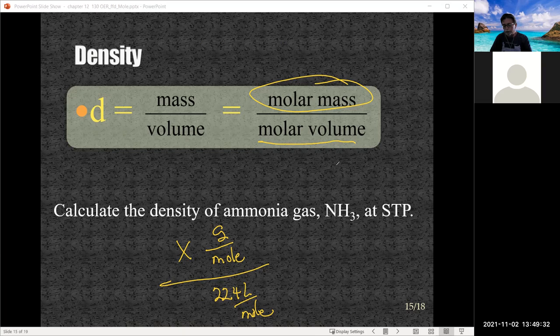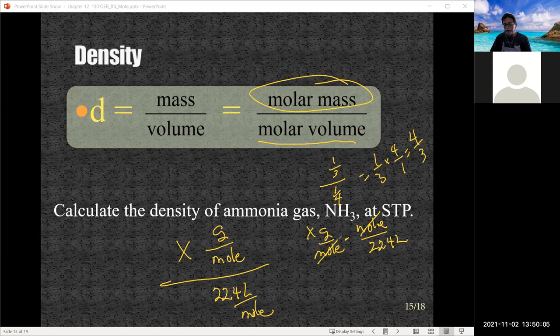For example, if I take 1/3 and divide it by 1/4, do I not take the 1/4 and invert it? Yeah. So 1/3 becomes 4/1, and my answer is 4/3. Same thing here with the units. Grams over mole, divided by liters over mole, becomes X grams per mole times moles over 22.4 liters.